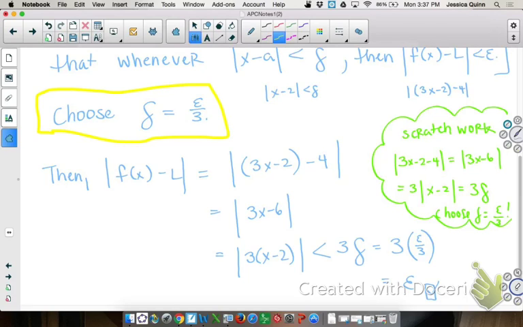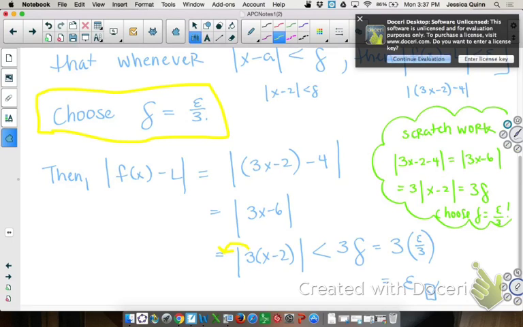I could take this 3 and put it outside, but I just did not write that, and now I can't really fix it. So in your notes, you could write it outside the absolute value bars. And so this has to be less than 3 times delta. But remember, for delta, I chose epsilon over 3, okay? So it'd be 3 times epsilon over 3, which simplifies to epsilon.